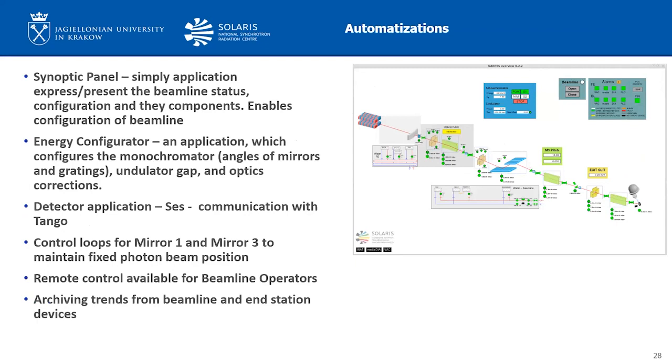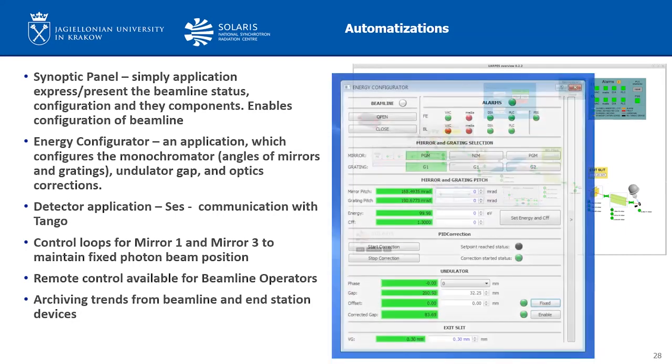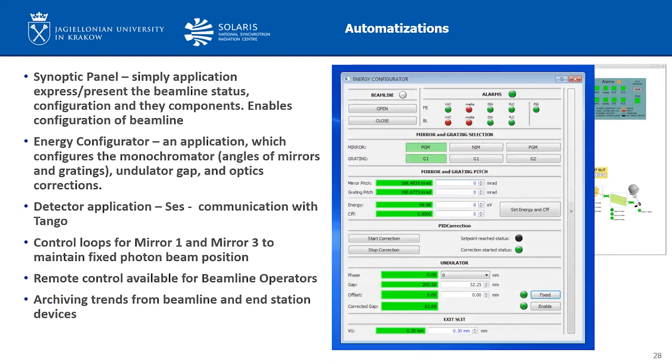And now the ARPES beamline is fully automated and can be used simply by user operation. We have many applications for the user, for example the configurator and electron configurator panel, synoptic panel.